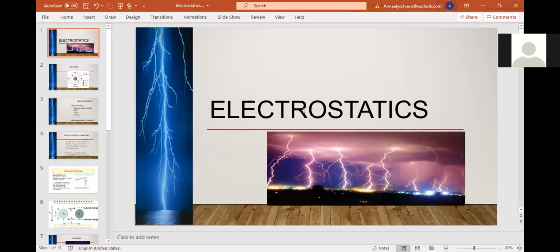If you have free electrons, you have a good conductor. If you have confined electrons, it might be a bad conductor. Today we are going to continue with what we have studied.